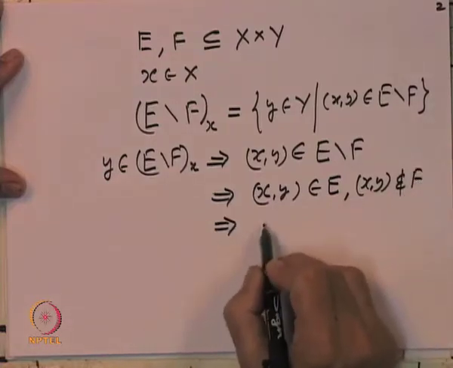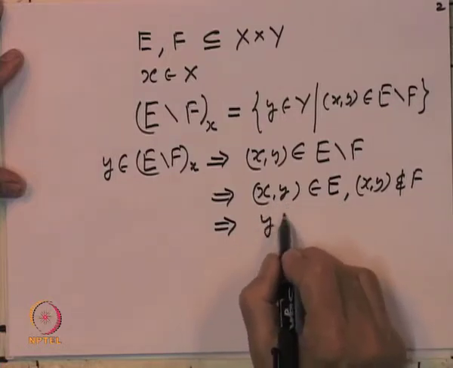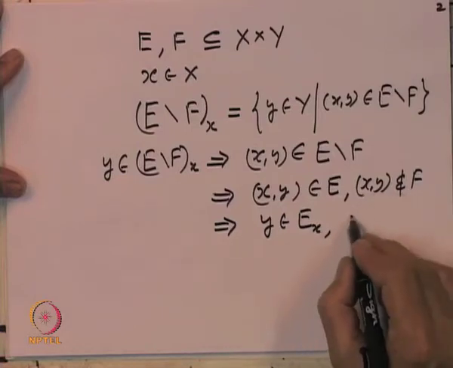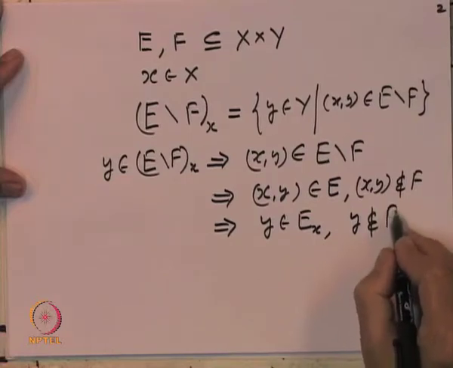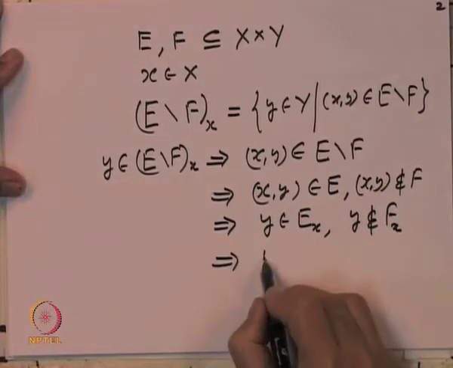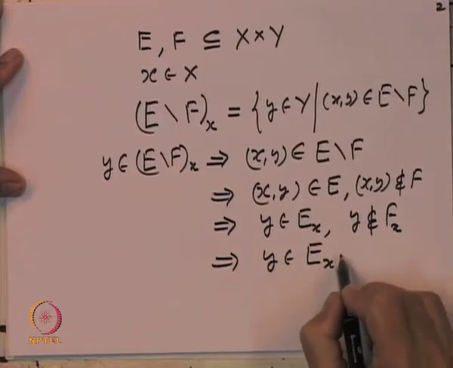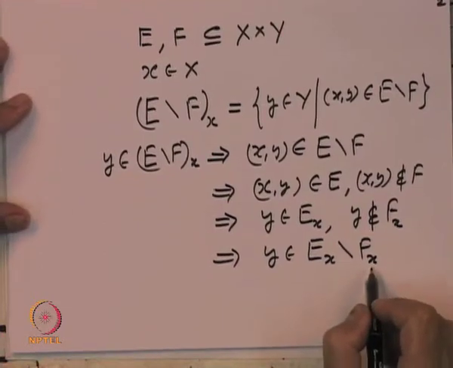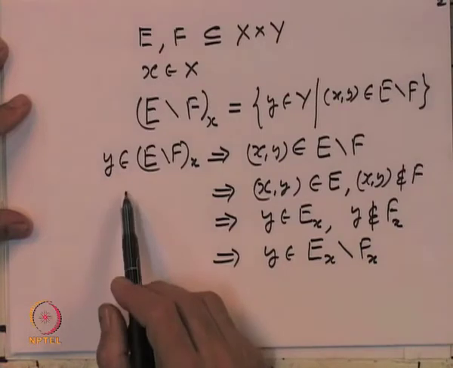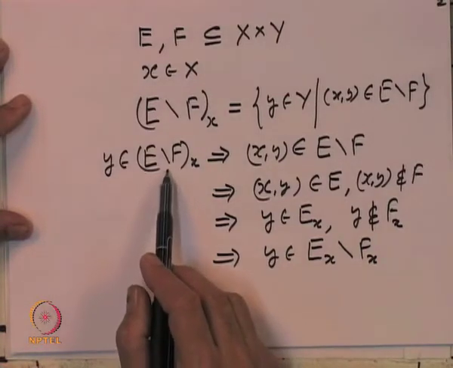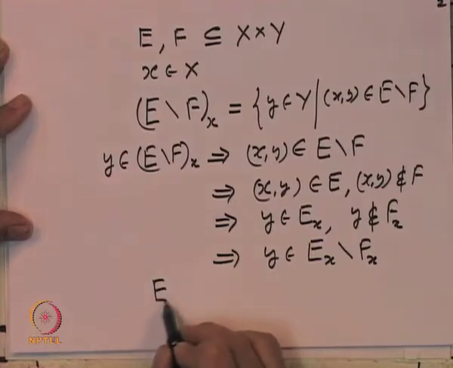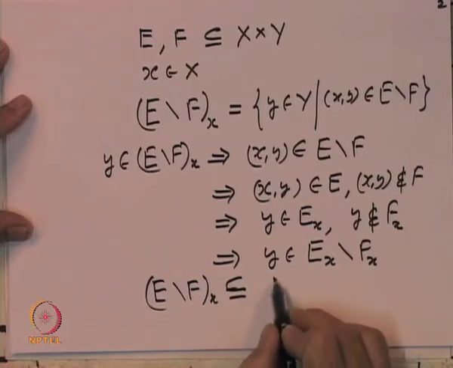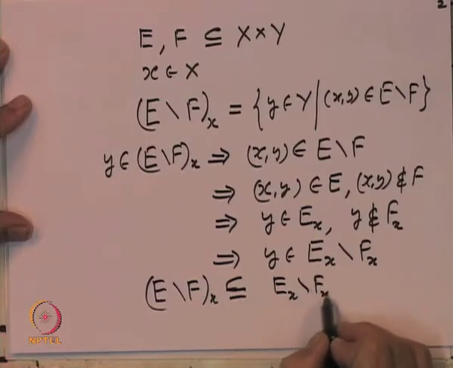But that is the same as saying that (x, y) belongs to E, that means y belongs to E lower x, and (x, y) does not belong to F, that means y cannot belong to the section of F at x. So that implies that y belongs to the section of E at x, but does not belong to the section of F at x. So y belongs to E lower x difference F lower x. So that says that the section at x of E minus F is a subset of E lower x difference F lower x.